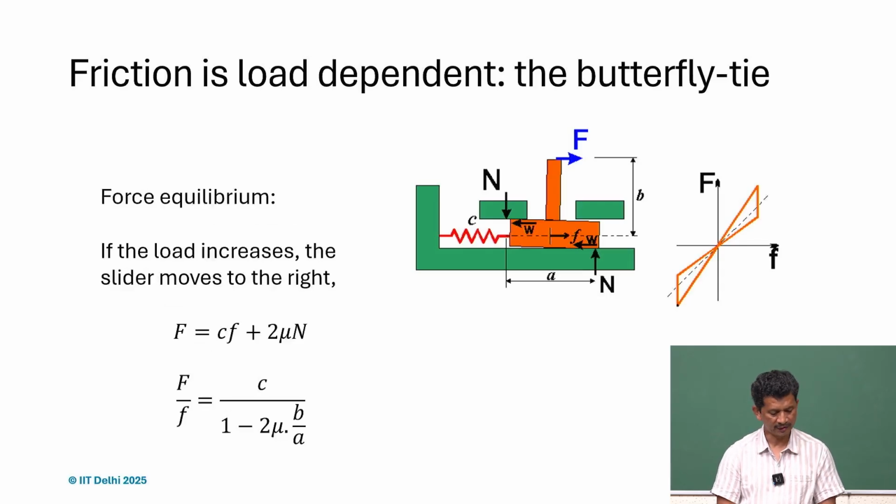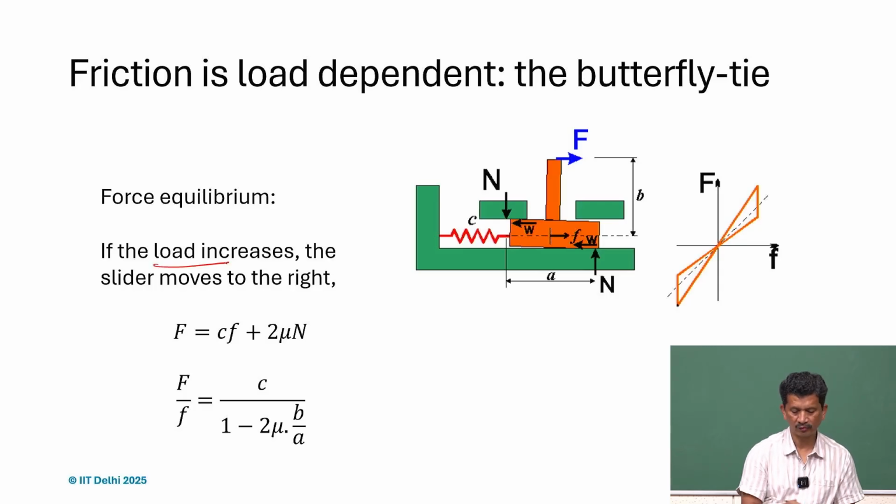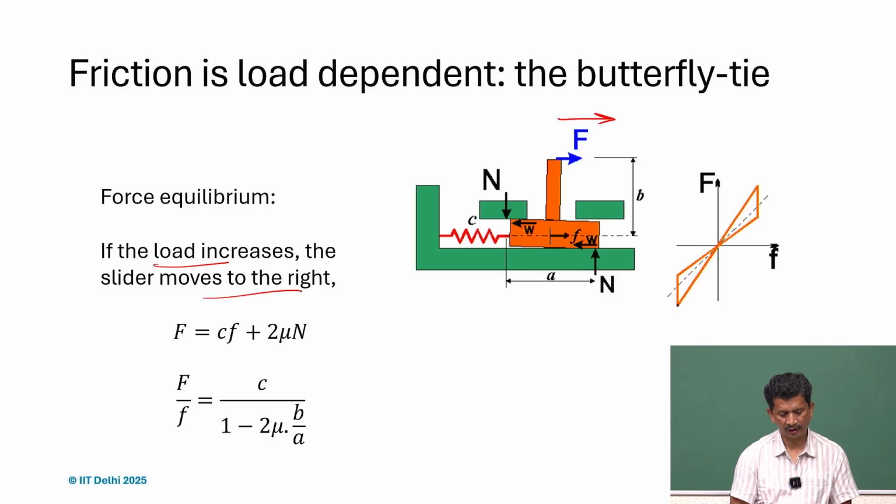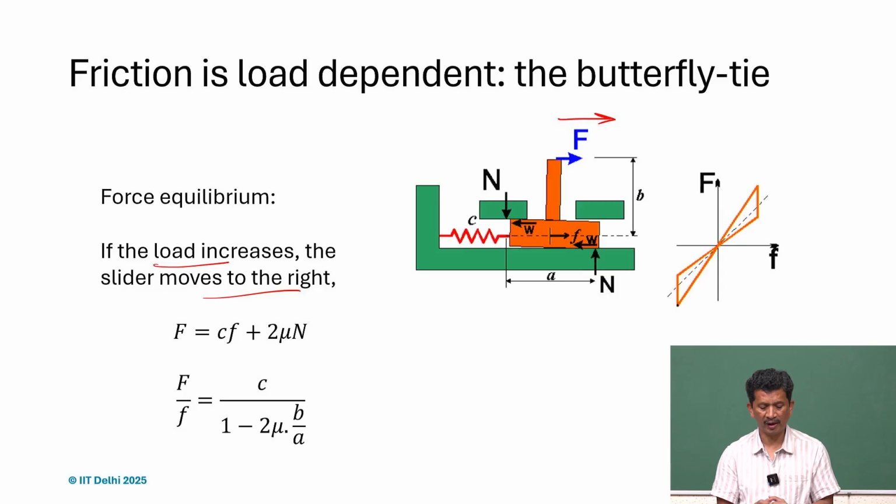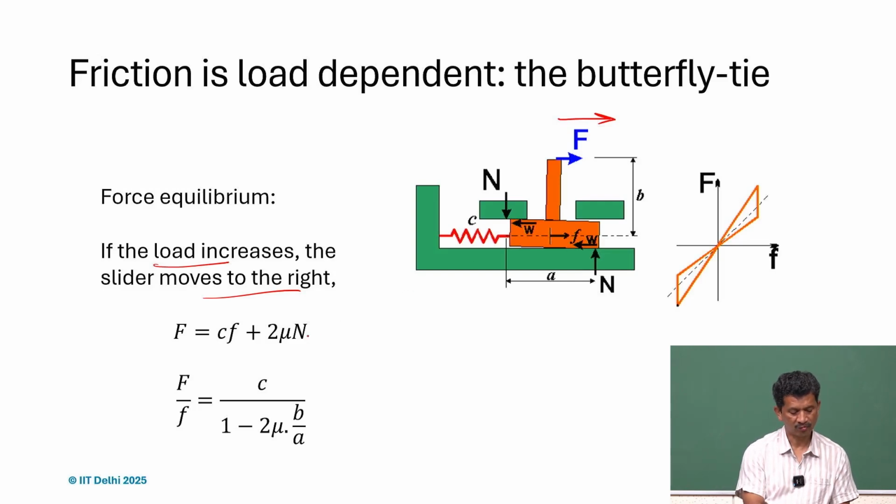Now let's try to balance the forces. As the load increases, the slider may start to move towards the right. Why I am saying may, I will come to that. But assuming it starts moving towards the right, what is the equilibrium condition?